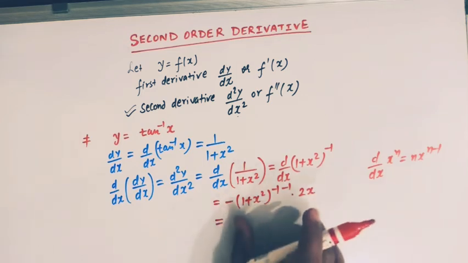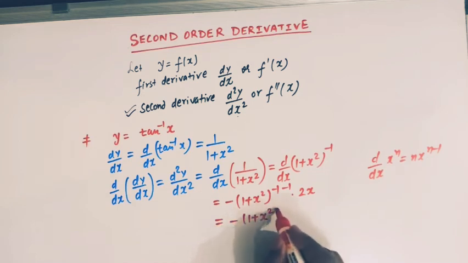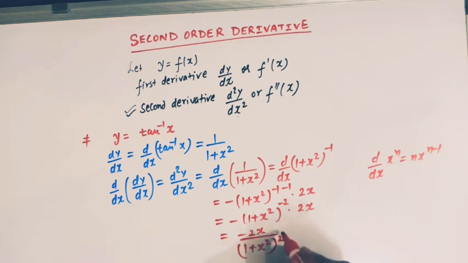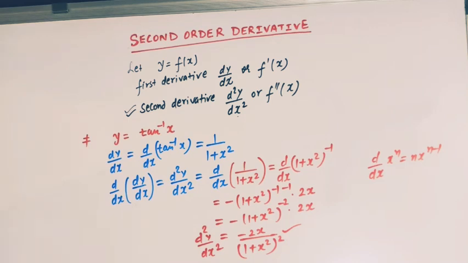So this can be written as −(1 + x²)⁻² times 2x, which can be written as −2x/(1 + x²)². So this is the second derivative of y = tan⁻¹x.